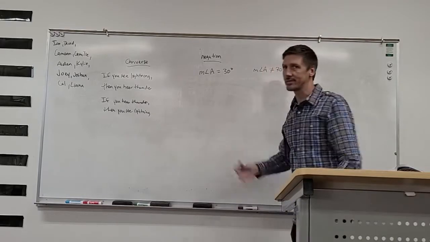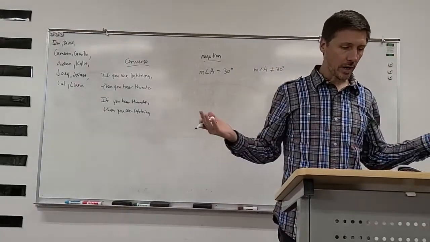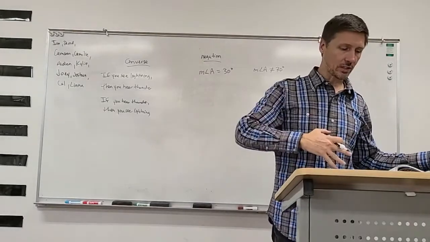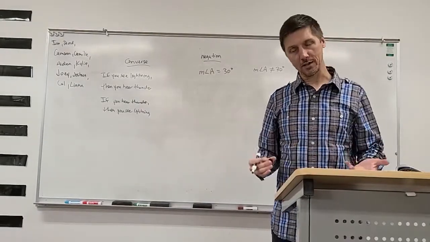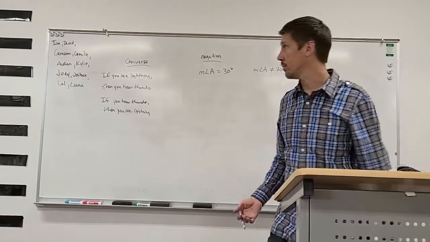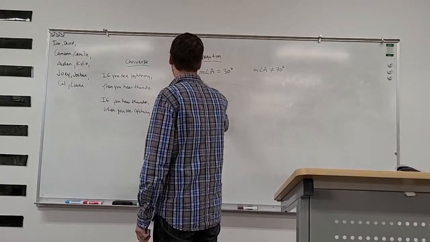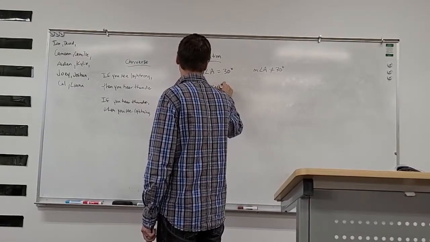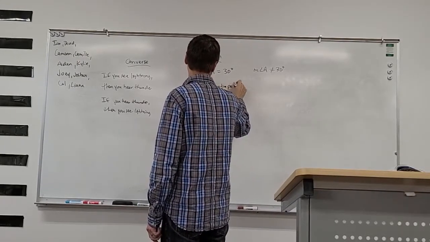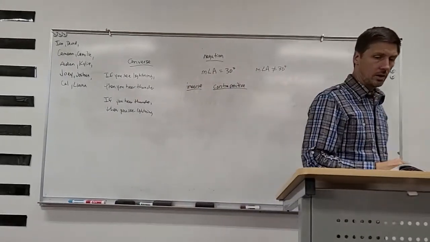We just put not in there. If angle A is acute, then the negation of that statement would be angle A is not acute. Why do we need to know this? Because that will help us write what we call the inverse and the contrapositive of a conditional statement.